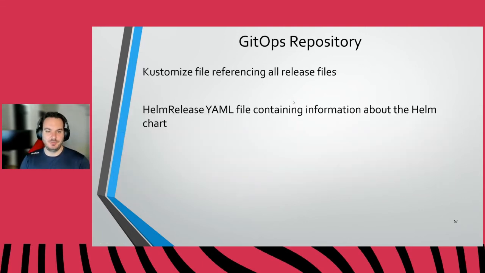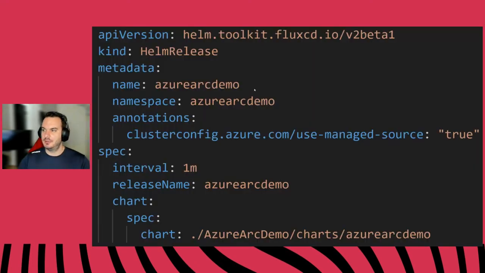And this Helm release YAML file is just containing all the information about our Helm chart. And we can use this YAML file to configure the Helm chart too. So this would be to override the values.yaml file the Helm chart is using. If you take a look at this file, we can see here it's of type HelmRelease. Then we just have some information, for example, the name.